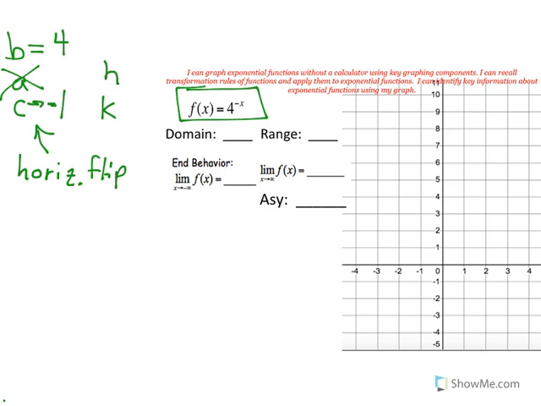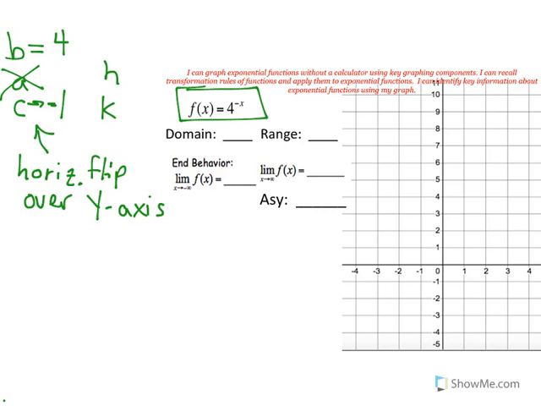If I'm flipping something horizontally, then what axis am I flipping over? If I'm flipping something horizontally from left to right, then I'm horizontally flipping over the y axis.